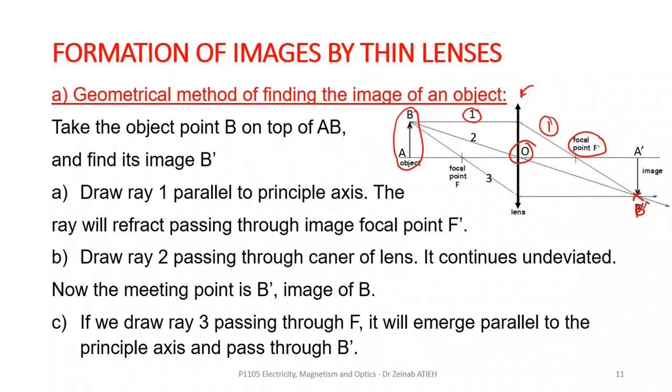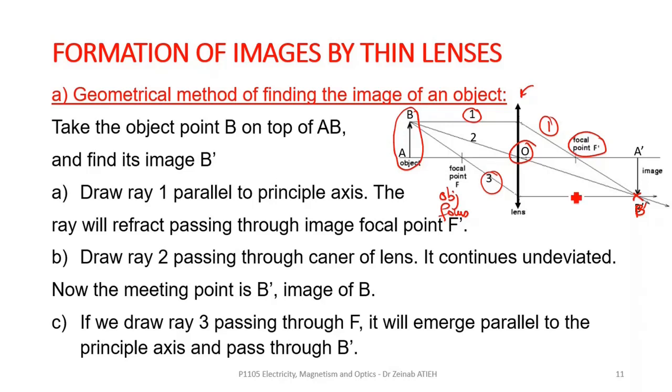We can also draw a third line if we like. It's not obligatory, so a third line. And it will also meet in B prime. So I will choose this line passing through the focal point F, the object focus. So this is the object focus. We all know that every line passing through the object focus emerges parallel.